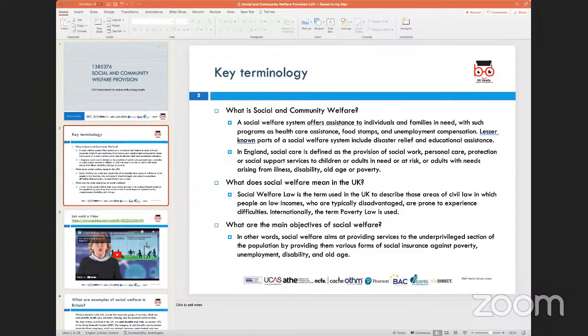Similarly, when we talk about provisioning from a social context, we are referring to societies and communities ensuring the distribution and availability of essential goods and services required to meet healthcare needs in a particular geography. So things like hospitals, surgeries, pharmacies, ambulances and emergency services.